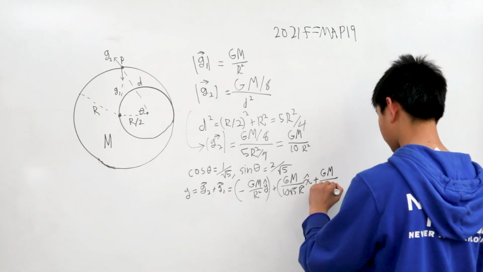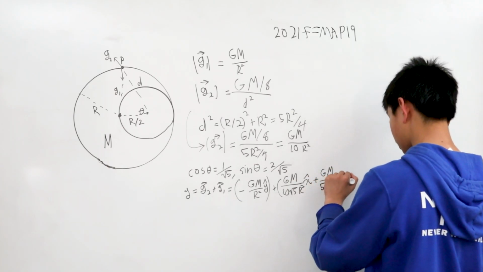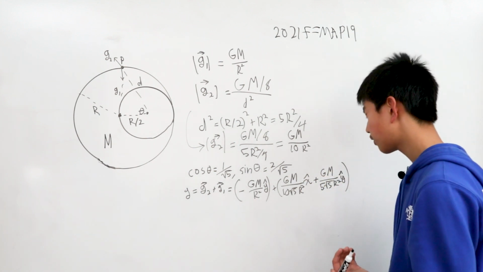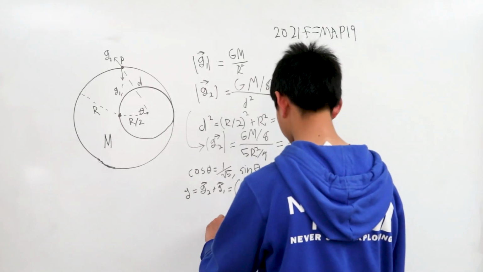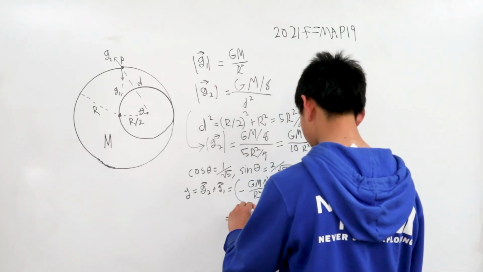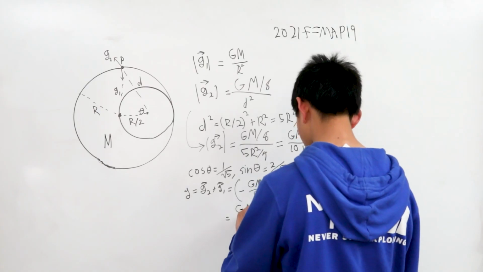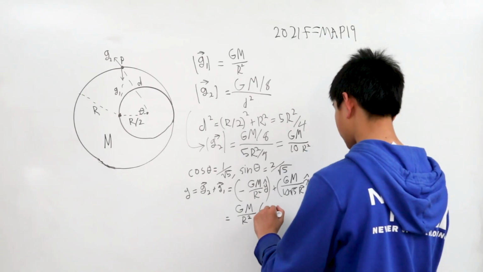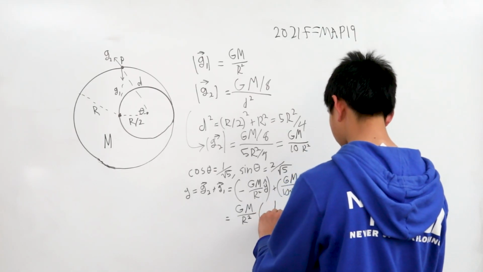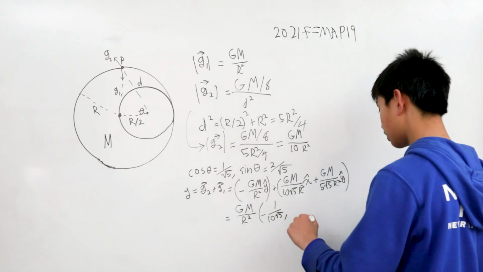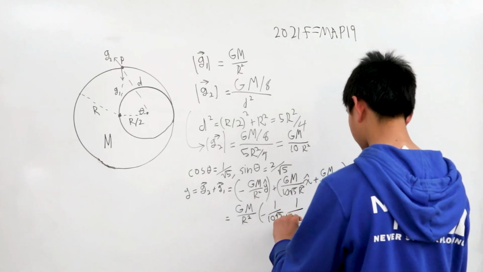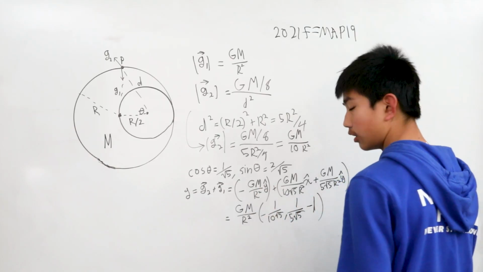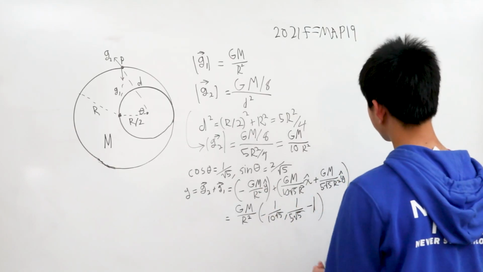So this is going to be 5 root 5 r squared. Well, this expression, we then can just take out a Gm over r squared. This brings out two things. First one is negative 1 over 10 root 5. And the other one is 1 over 5 root 5 minus that 1 we got from over there. This is essentially what we want.